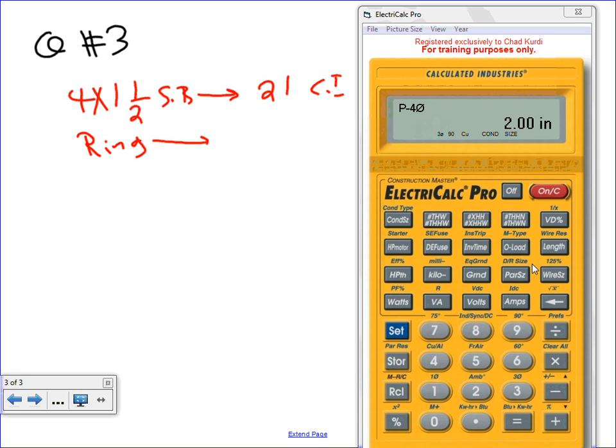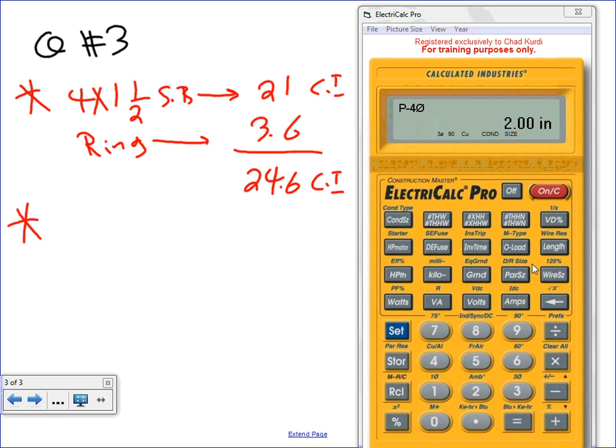The ring is given at 3.6, so you add them up and you end up with 24.6 cubic inches. That's the box. The first thing you need to do is find the available space in my box, just the box. This box is housing 2 duplex receptacles, 5 number 14 conductors, and 2 equipment grounding conductors.